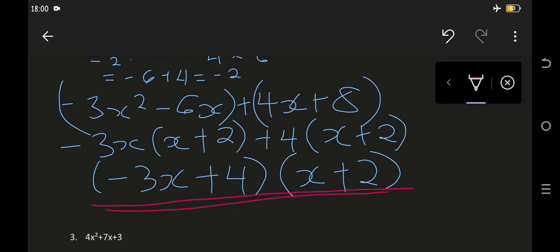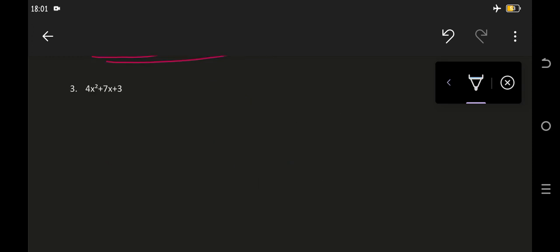Let us go to the final expression, 4x squared plus 7x plus 3. Because this is already in its simplest form, there is no need of dividing the coefficients.